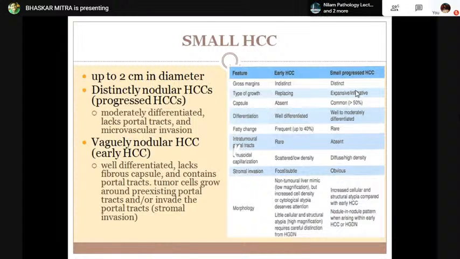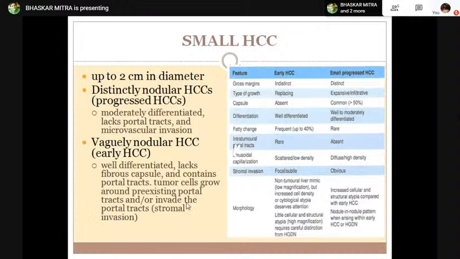We say it is distinct. Now, the progressed hepatocellular carcinoma morphologically can be called distinct nodular hepatocellular carcinoma, and the early one can be called vaguely nodular hepatocellular carcinoma. Now, the distinct one, as it's distinct, is a bit more differentiated, that is moderately differentiated, and definitely it will lose the portal tract because the tumor cells have gone there, and there may be microvascular invasion, and capillarization will be more because it has almost progressed, so it's more hepatocellular carcinoma.